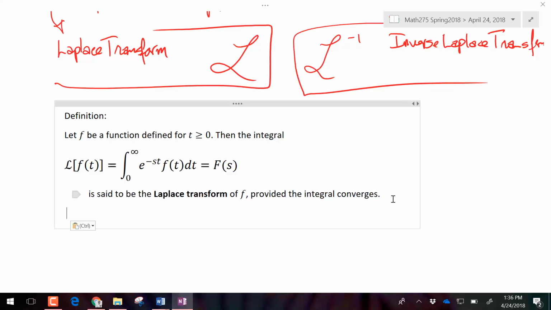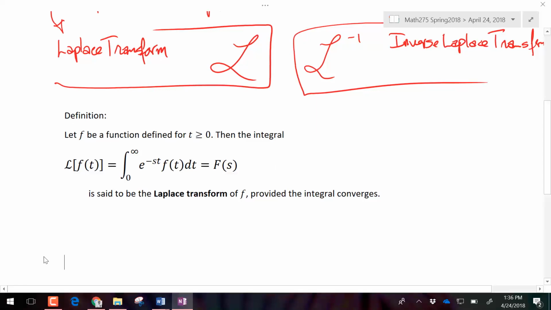Polynomials, sines and cosines and stuff like that, constants. So let's run some functions into this Laplace transform and see what we get. And once we get them, we'll just use them as our facts, and then we'll create a table of these Laplace transforms.